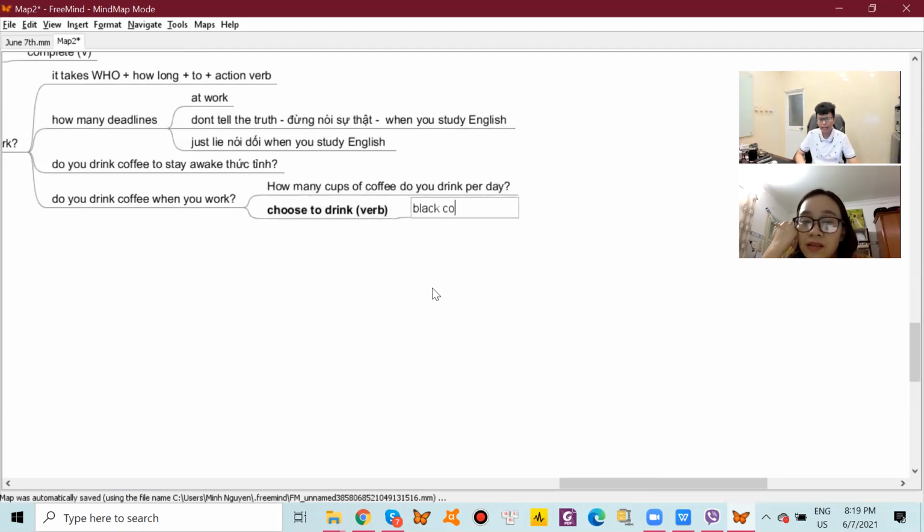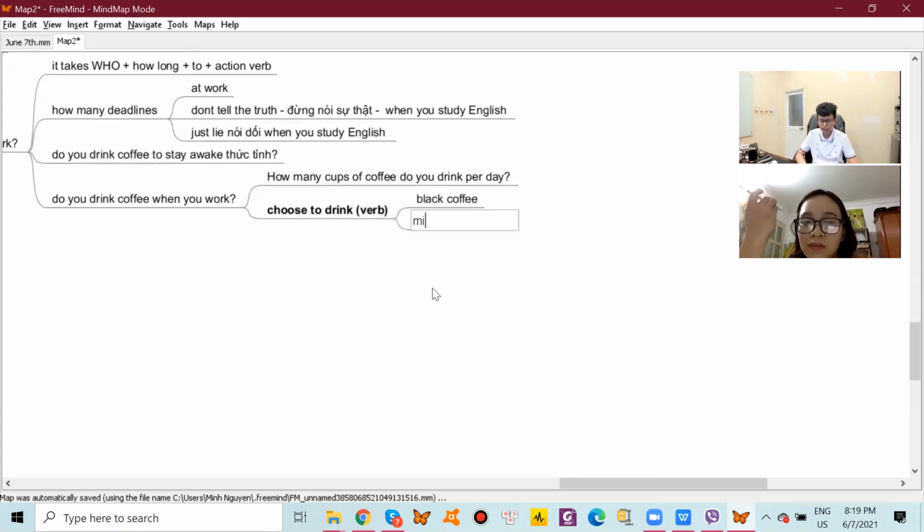The first one is black coffee, and the second one is white coffee. White coffee is milk coffee. So here, what kind of coffee do you choose to drink when you go to work, Miss Daniel?